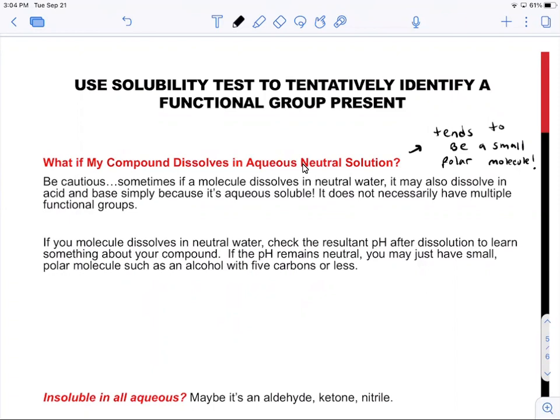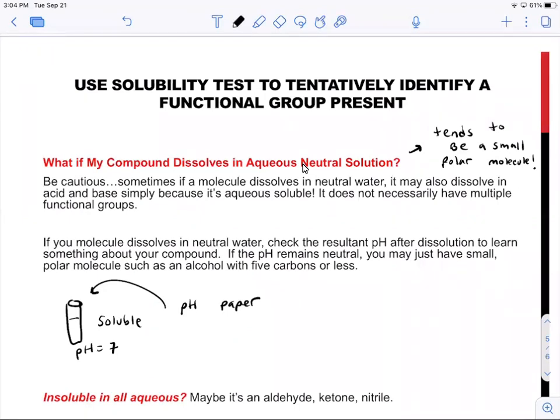To help us learn something further, if you have a molecule that is soluble at pH 7, and you suspect that it's small and polar, you can use pH paper to see if the pH of the neutral water has changed upon the dissolution of your compound. So if your compound is a small polar molecule that also has, say, carboxylic acids, you should see the pH of the solution be indicative of an acid being dissolved.